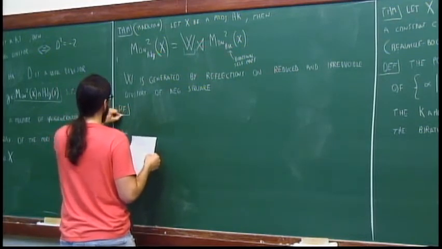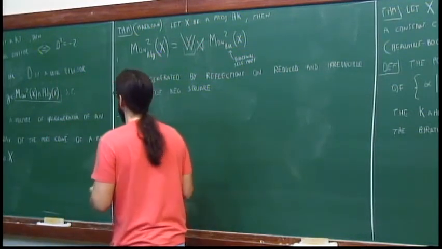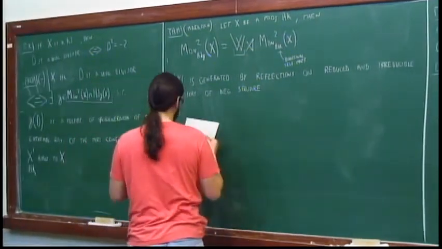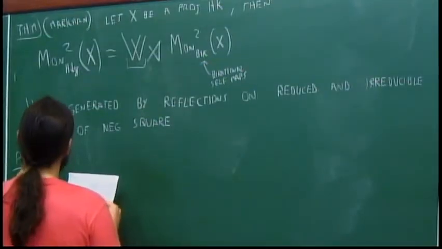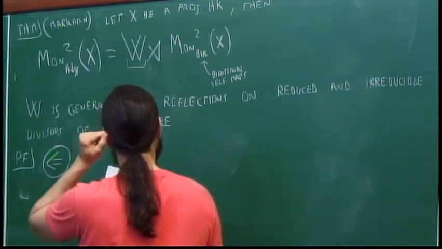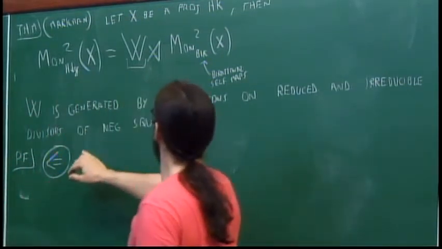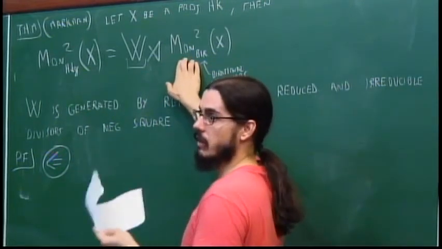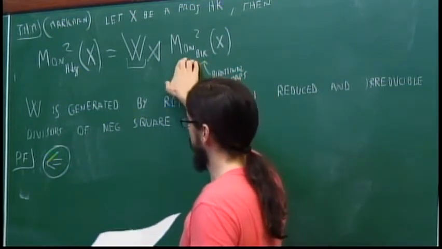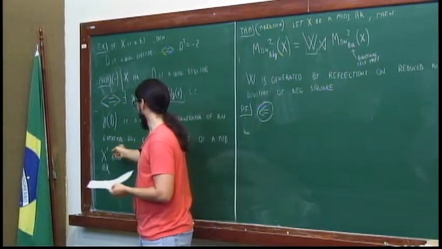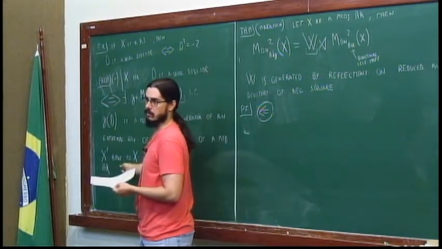So with this, let me prove this statement. Let me start with this direction. Well, since we have this action of birational self-maps, we can actually suppose that we start with an extremal ray on X itself.